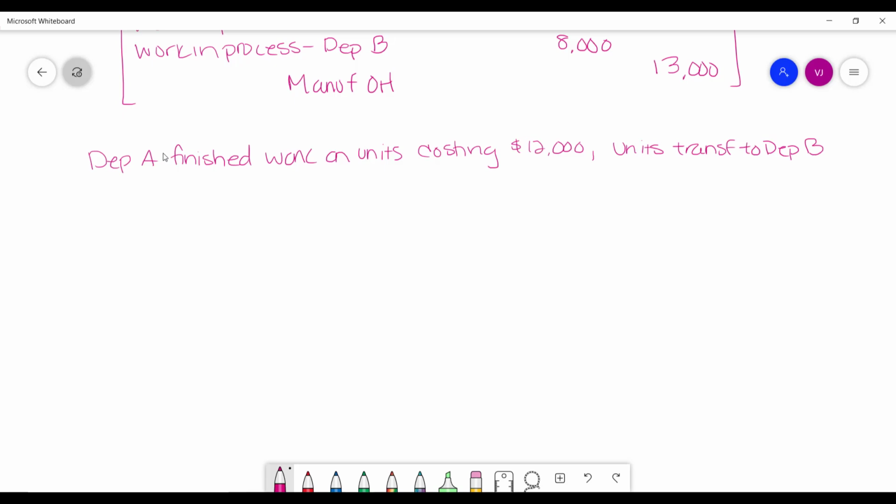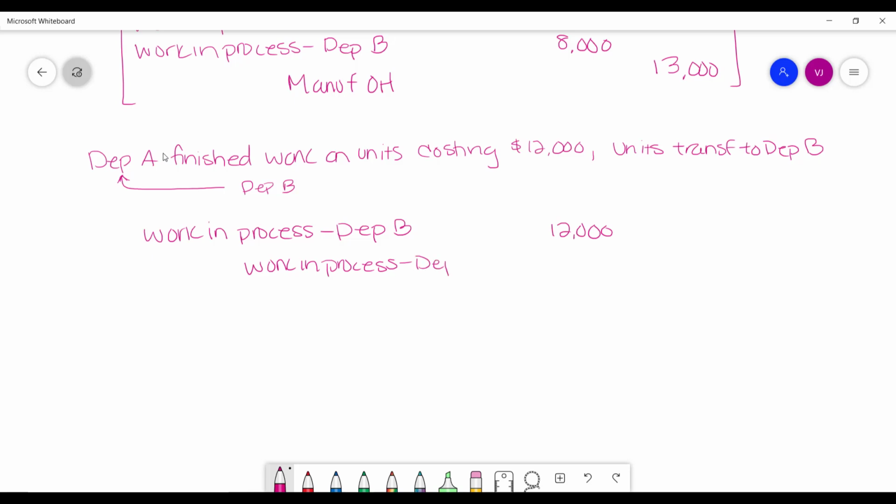So whenever Department A finishes units, the cost of those units needs to be moved from that department onto the next department, which is Department B. So we will simply debit the work in process account for Department B for that $12,000, and we will credit the work in process account for Department A for $12,000 as well.